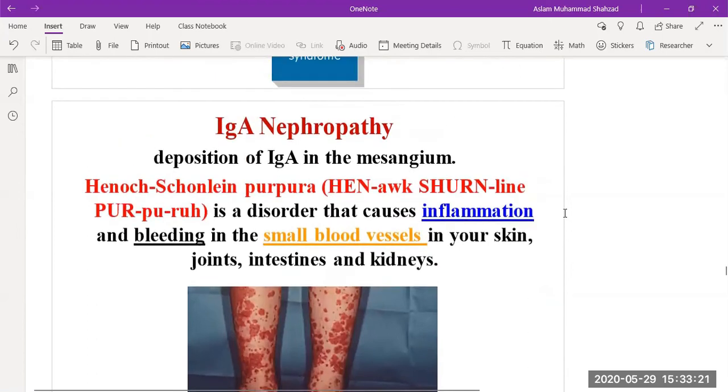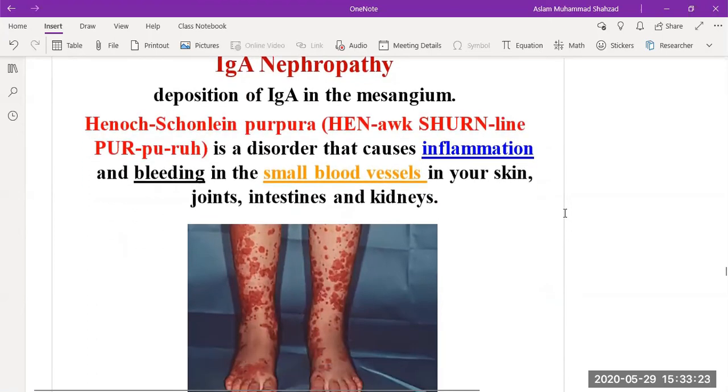Next is IgA nephropathy, which is the deposition of IgA in the mesangium, and it is a disorder that causes inflammation and bleeding, especially in the small blood vessels in your skin, joints, intestine, or kidney.